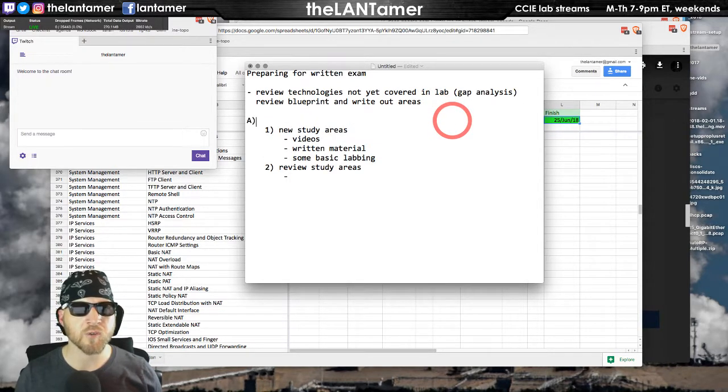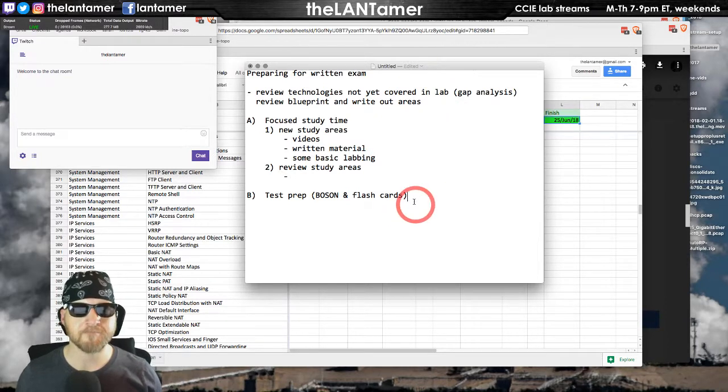There's one category which I would call focused study time. And then there will be another area called test prep. And this is going to be Boson and the flashcards. Both of these will be happening consecutively.